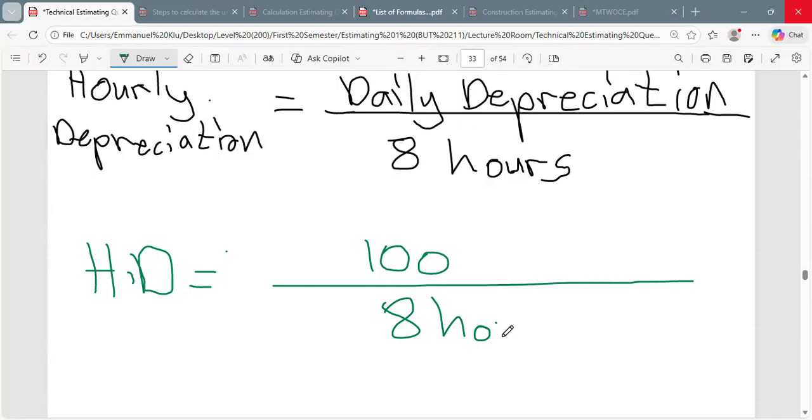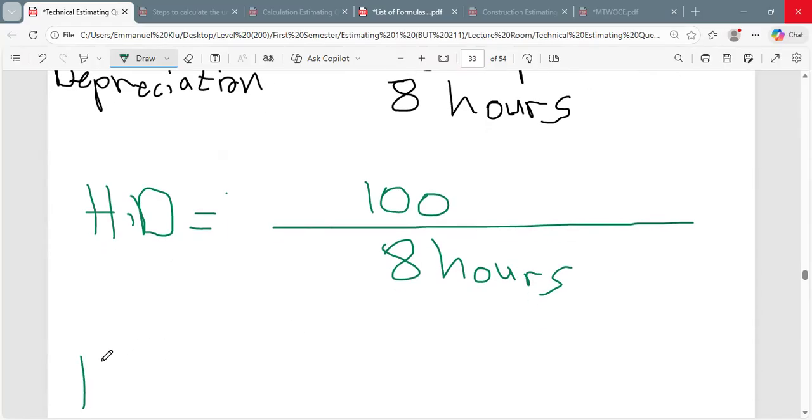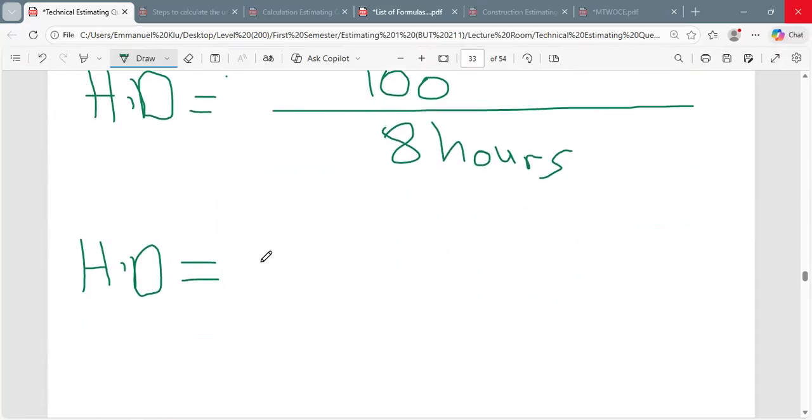So what is that going to imply? That means our hourly depreciation is going to be equal to 100 divided by 8. Let's all do that together. We're going to get 12.5.